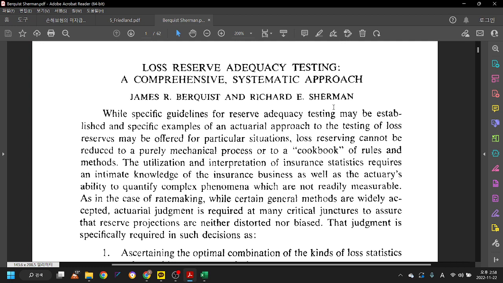And here is just one tip. When I just came back from Canada, many people talked about on-leveling of loss amount data.